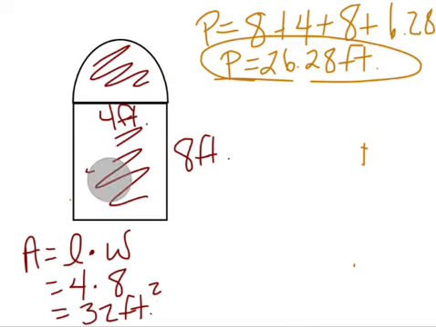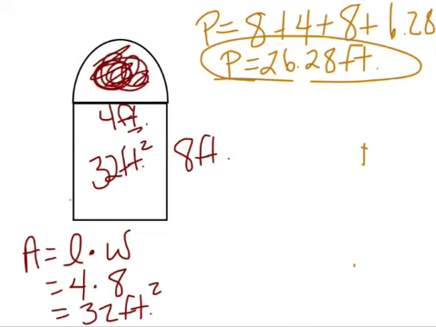So maybe let me erase this part, and we can write that in there. This is 32 feet squared. Now up here I've got what? Half a circle. So can I find the area of the whole circle? Because remember, if I continued that on, I'd have the whole circle, but I just have half of it.